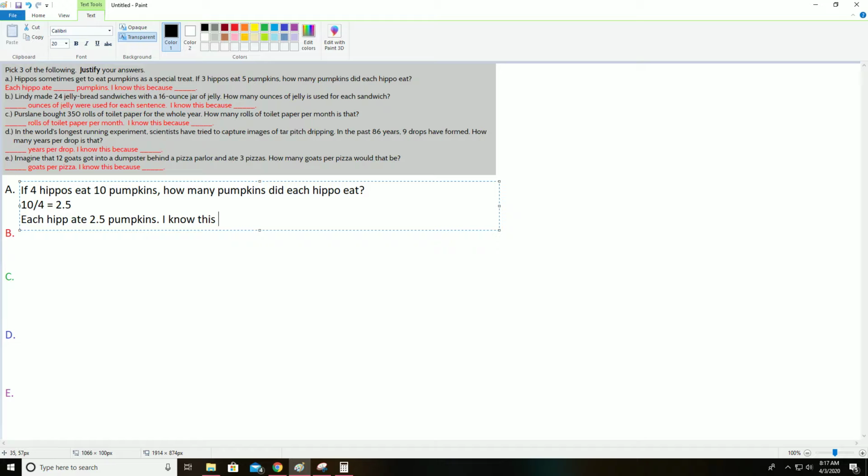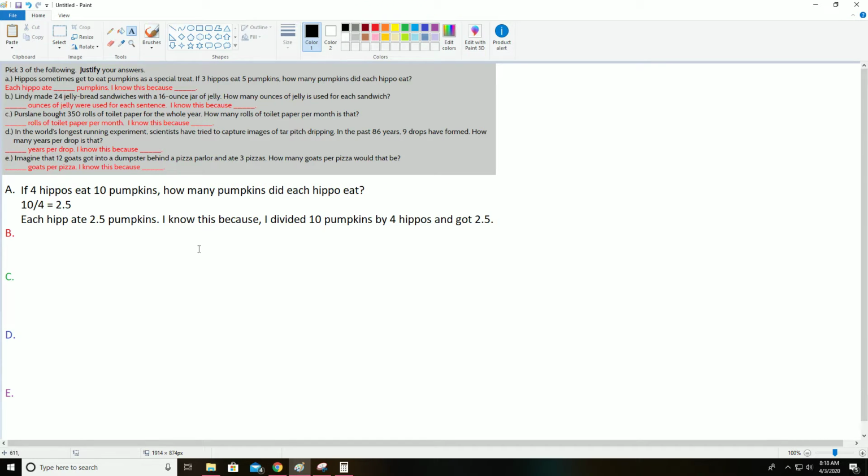I know this because I divided 10 pumpkins by 4 hippos and got 2.5. And that's all you've got to write. So that would be an explanation for that one. All right, let's go down to the next one.